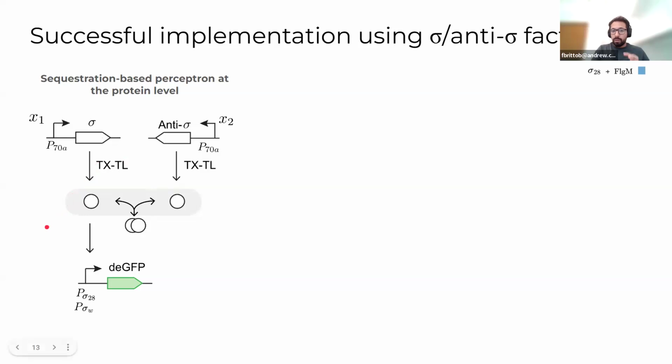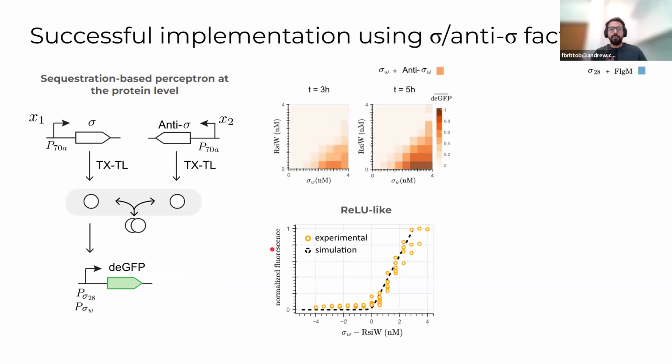We use a reporter gene to monitor, or at least approximate, the expression of the sigma factor, which is just deGFP, with a promoter that's responsive to that particular sigma factor. Here you can see our results for the sigma W and anti-sigma W.